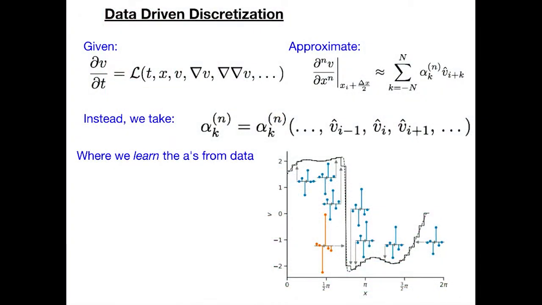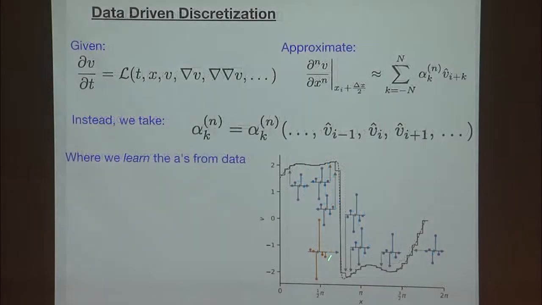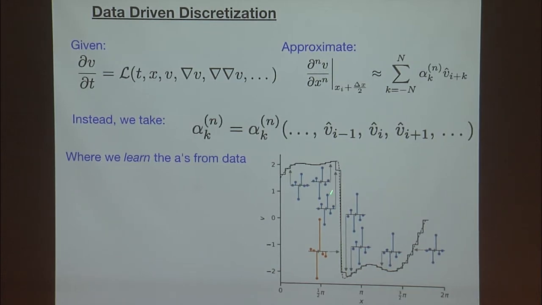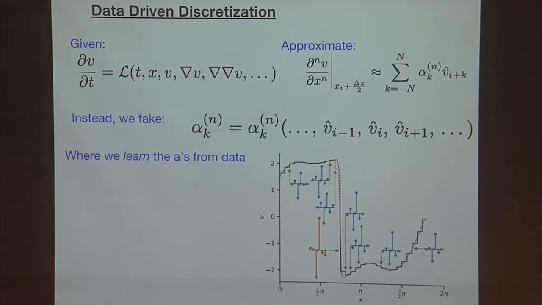And these are the stencils for computing the first derivative that the computer learns. Notice it has a very different stencil. These are the weights, these are the alphas. You can see it's computing a difference because there's a positive one and a negative one. But the weights change dramatically as you go from point to point on the solution.